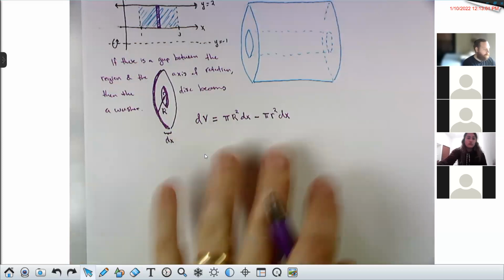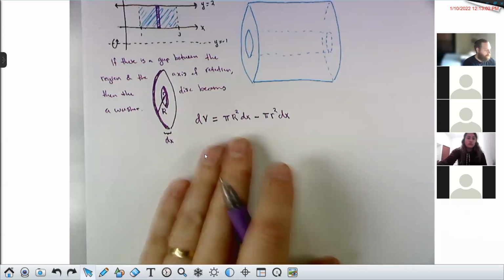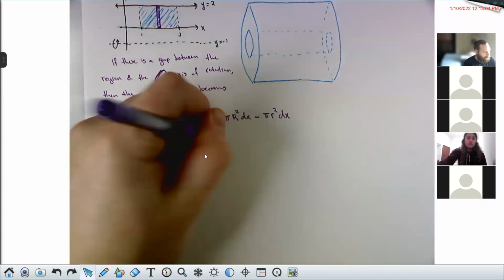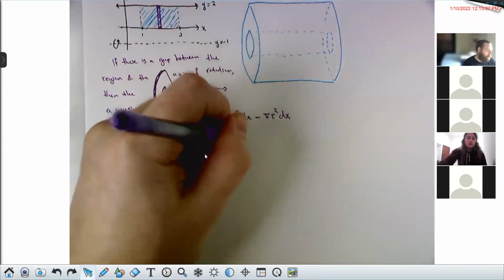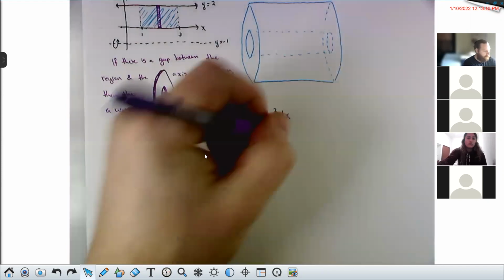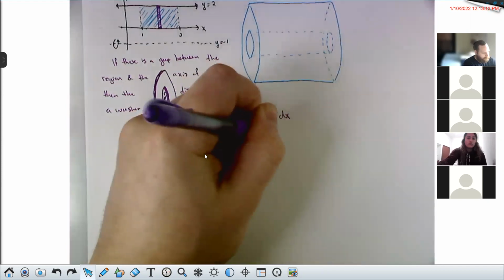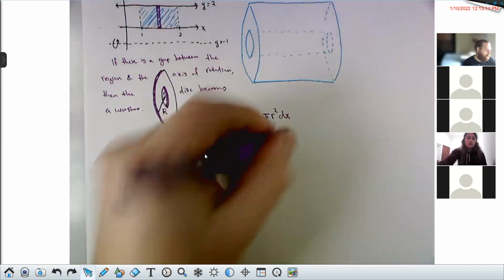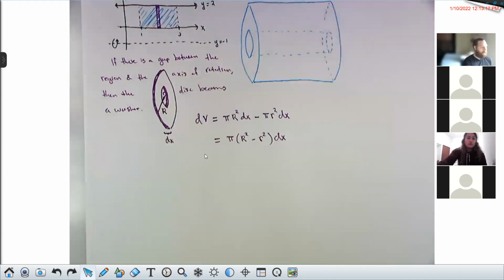And you can factor out the dx on the right and the pi on the left, giving you pi times big R squared, or your outer radius squared, minus little r, or your inner radius squared, times dx. And this is sort of your most general formula for section 6.2.